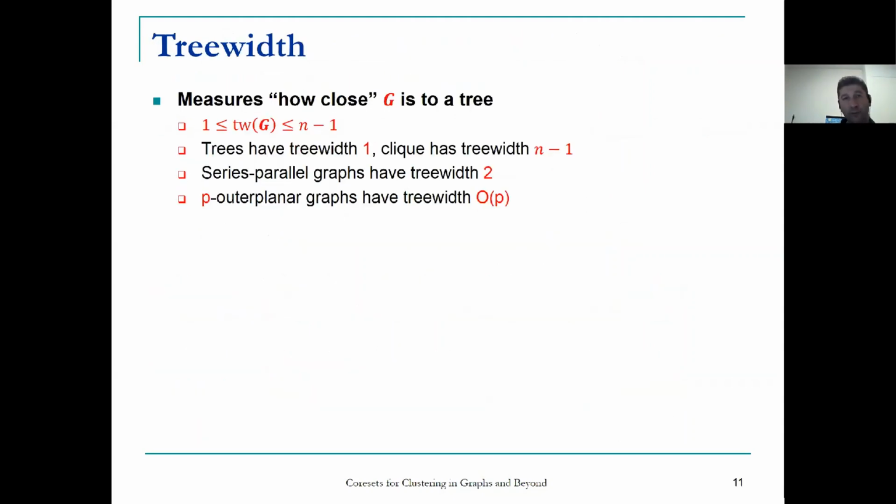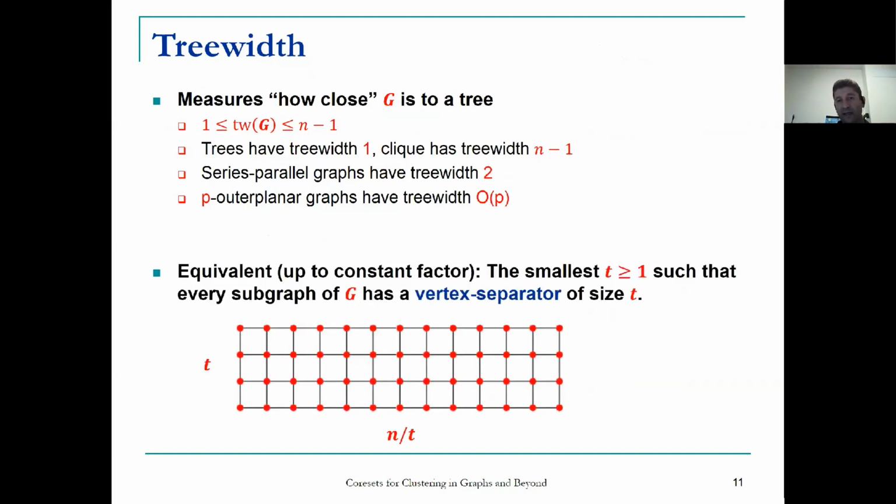So just a word about tree width, because I mentioned it and I didn't define it. It basically measures how close the graph is to a tree. If it's a tree, this parameter is 1. In the worst case, it could be n-1, for example, for a clique. And the way I like to think about it, which is equivalent up to constant factors, is this is the smallest parameter t such that you can always find a vertex separator of size t.